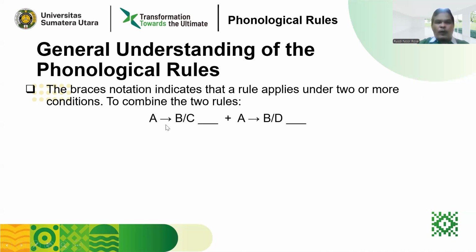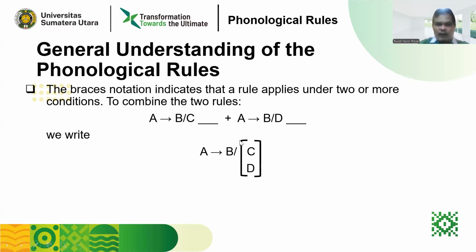Now, when we have this one, there are two rules. A becomes B whenever A is situated after C, and then this rule is combined with A changes to B whenever A is located after D. So there are two rules. If we combine these two rules, we may have only one rule here.